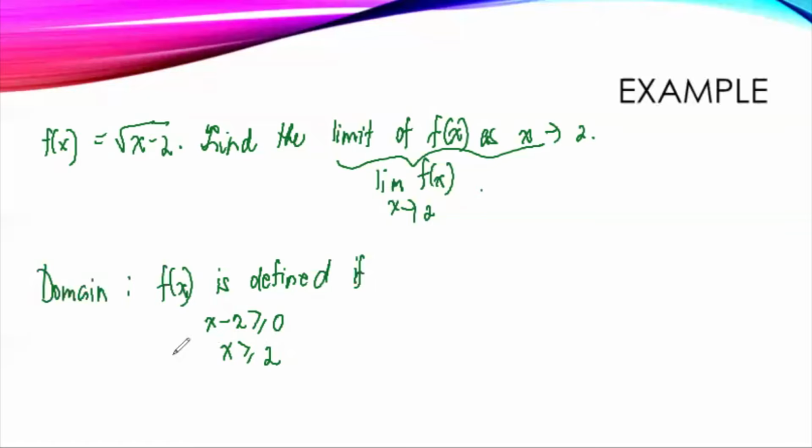Which means that for the limit of this function, we only consider the values from the right of 2, because if we consider values from the left of 2, the function will be undefined. So technically, the proper way of writing the limit of that function is the limit of f of x as x approaches 2 from the right.